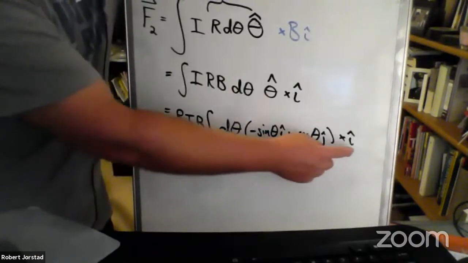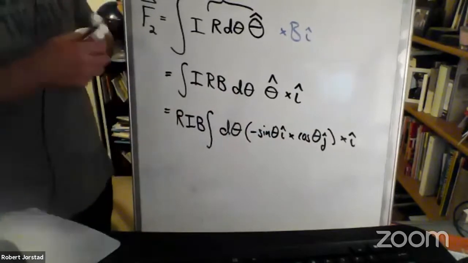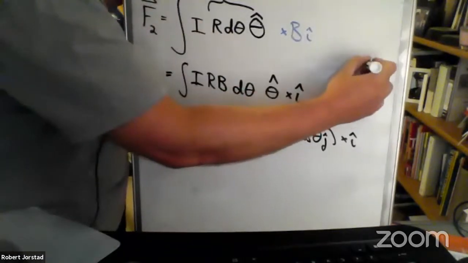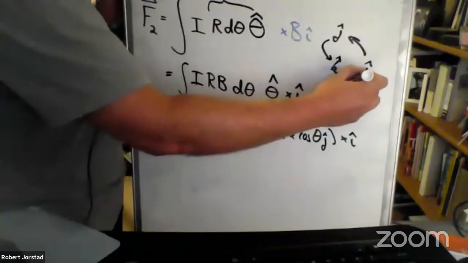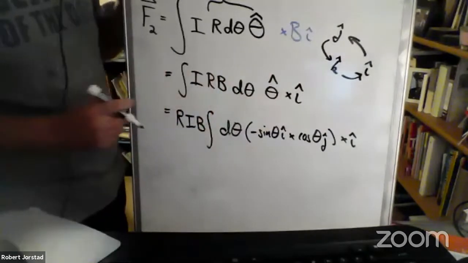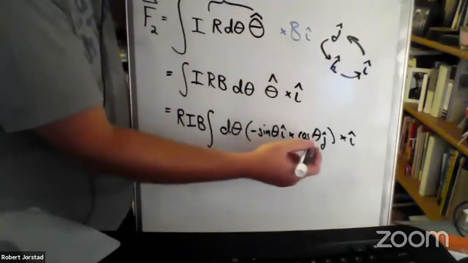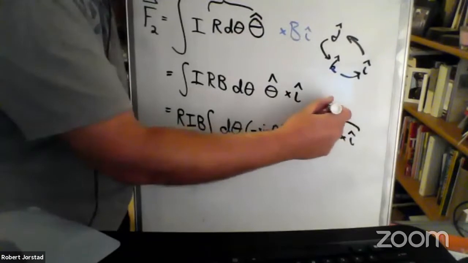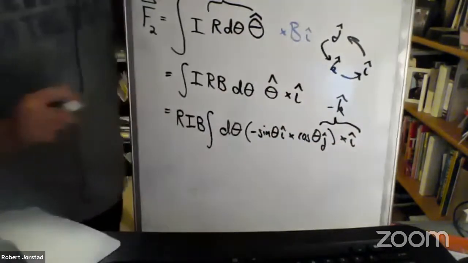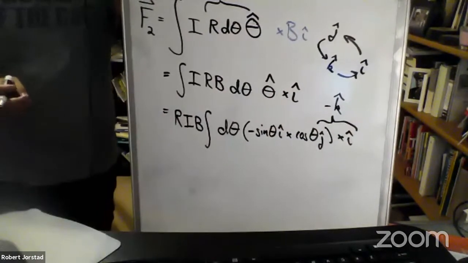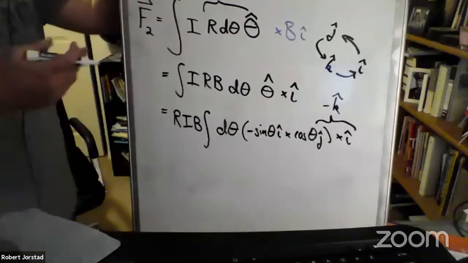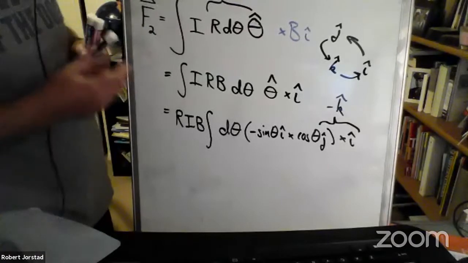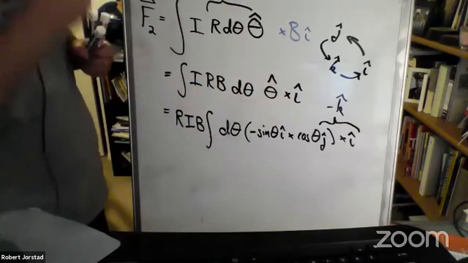What's J hat cross I hat? Wheel of pain. I goes to J, goes to K. In this case, J goes to I goes to negative K hat, right? I hat cross itself is 0. J hat cross I. So I'm going to write all this down. Holy cow. All right.